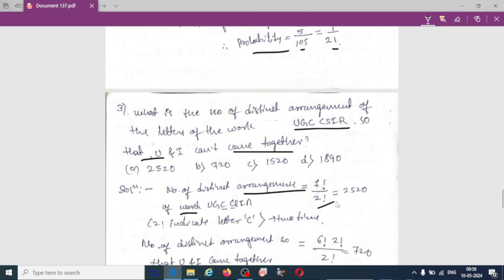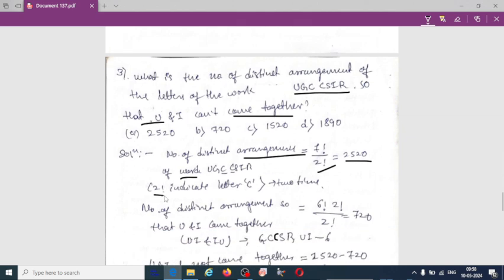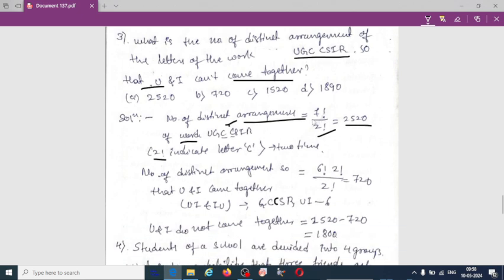If we do that, then we will get the value 2520. So 2 factorial indicates that in the word UGC CSIR, capital C has been repeated 2 times. So that's why the total number of letters is 7, divided by 2 factorial.